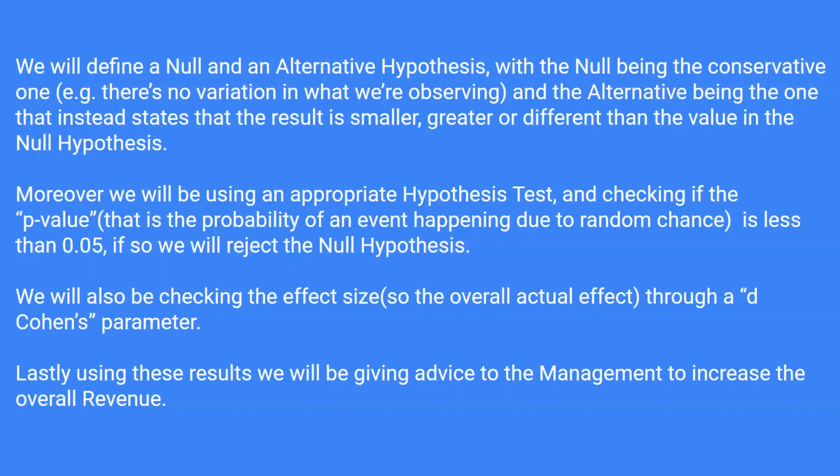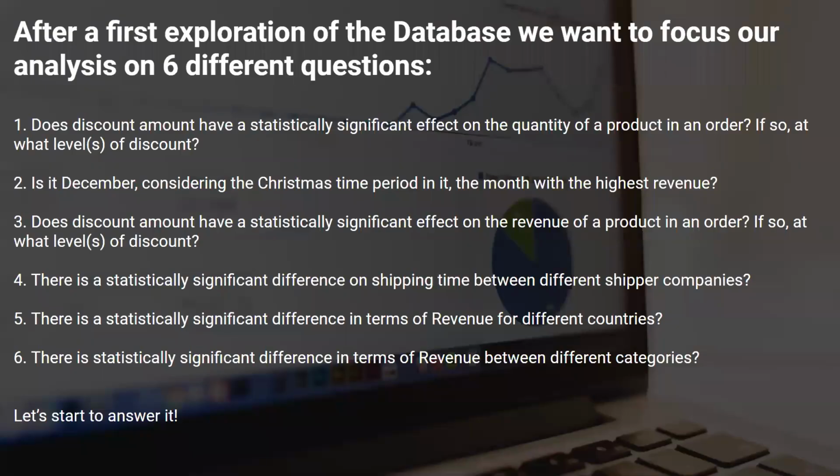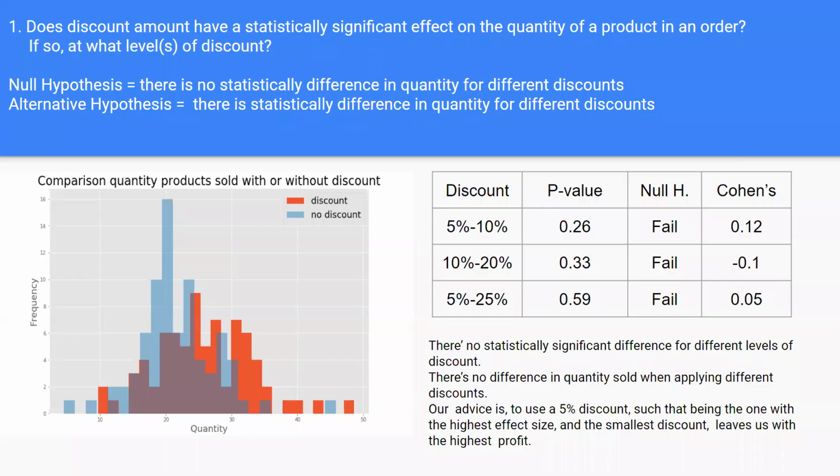And finally, we will give some advice to the management in order to increase the overall revenue. We've got 6 different questions that we obtained through an in-depth analysis of our database, and we'll go through each one of those, and finally we will have some insights.